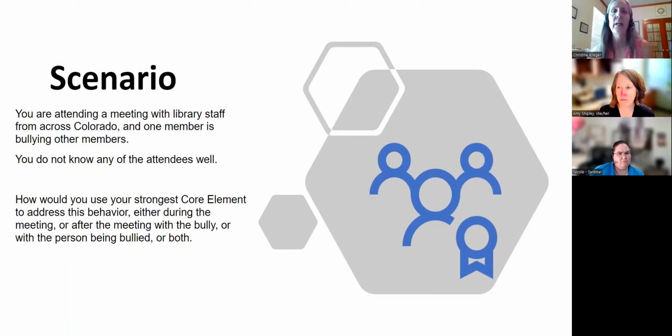Once again, you have the scenario in your playbook, and we're going to have you go into breakout rooms. Let's see what Christine can do here. In just a moment, you'll see a prompt on the screen, and the 4 core elements of emotional intelligence will be listed there: self-awareness, self-management, social awareness, and relationship management.